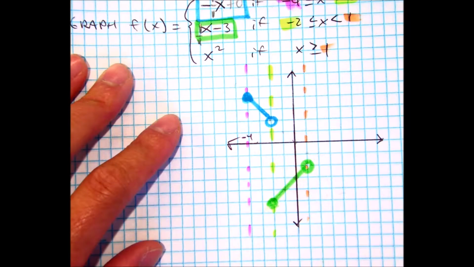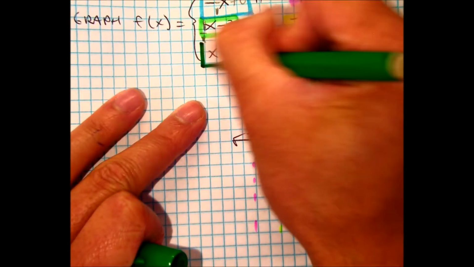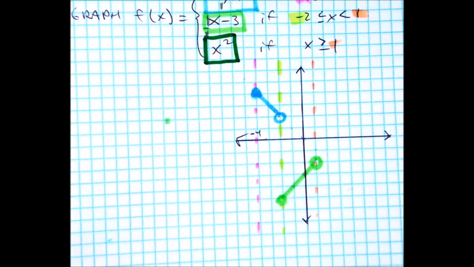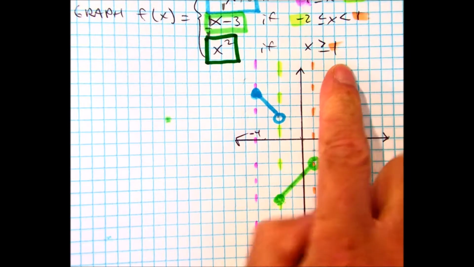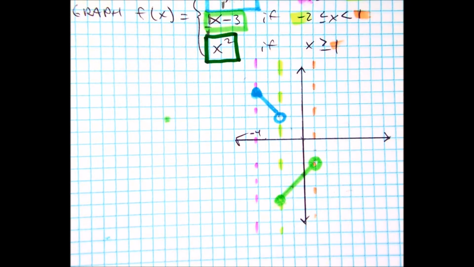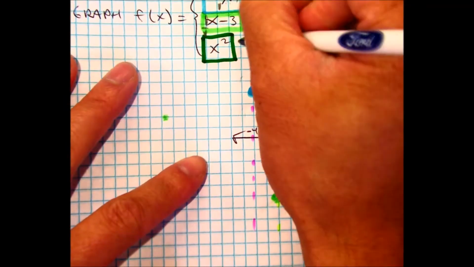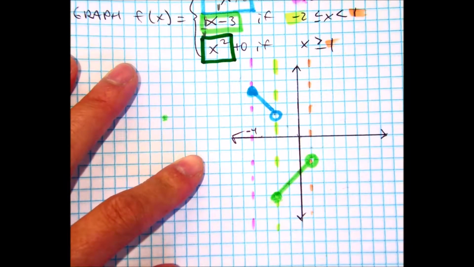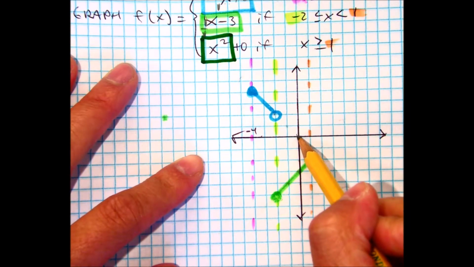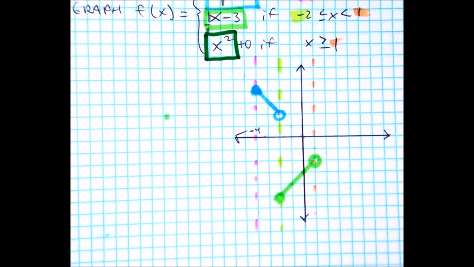Let's put this one in dark green. It wants me to graph x squared if x is greater than 1. So it has a constant plus 0. So I know my graph's going to be here, right? You can also use your table of values.